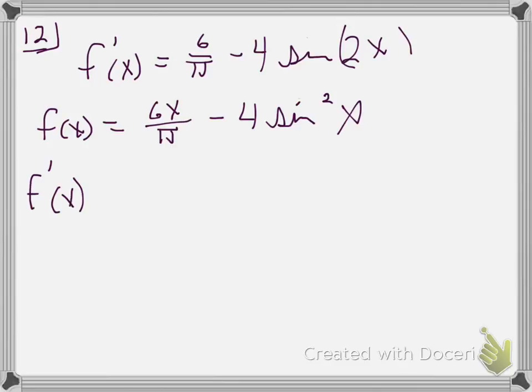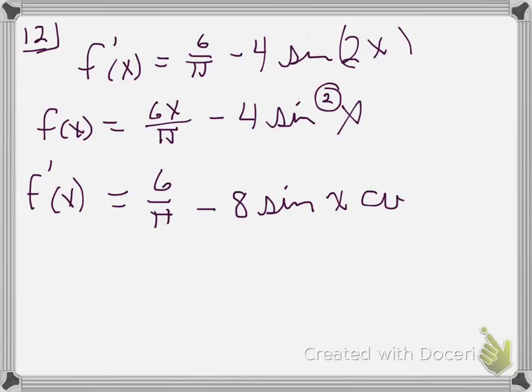So let's take the derivative. 6x over pi is 6 over pi. Minus, okay, 4 times 2 is 8. We leave the sine alone, so we get the sine of x. And then we're going to take the derivative of the sine and get cosine of x. Well, let's see.